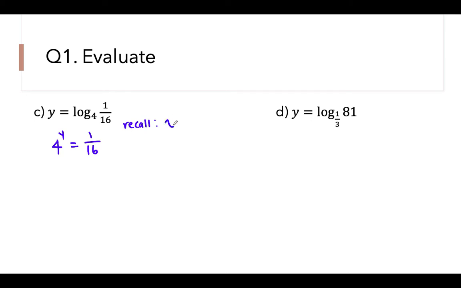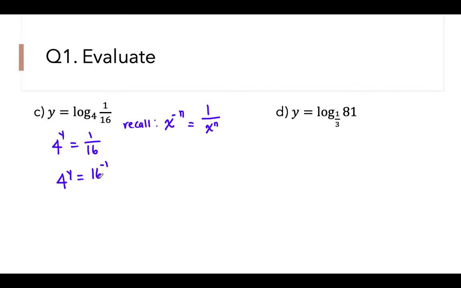We know that x to the negative n is equal to 1 over x to the n. So we could flip this fraction with a negative exponent, so 4 to the y is equal to 16 to the negative 1.